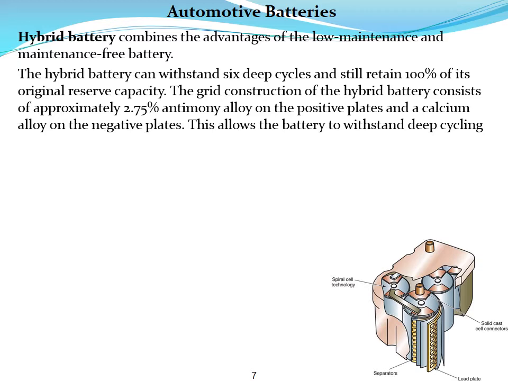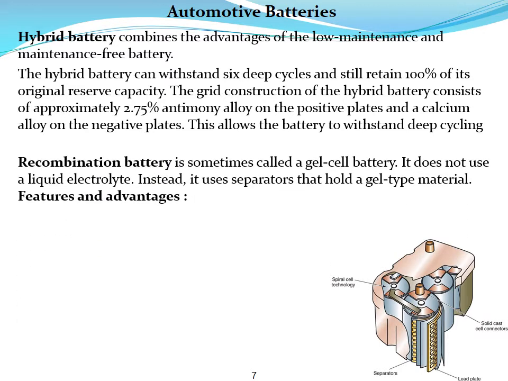The grid construction of the hybrid battery consists of approximately 2.75% antimony on the positive plate, and a calcium alloy on the negative plate. This allows the battery to withstand deep cycling. They are also called calcium batteries; they tolerate deep cycling.